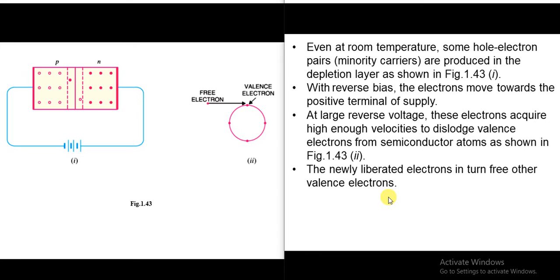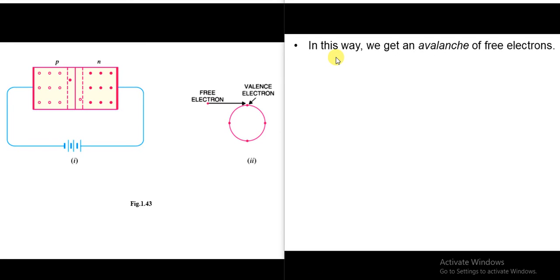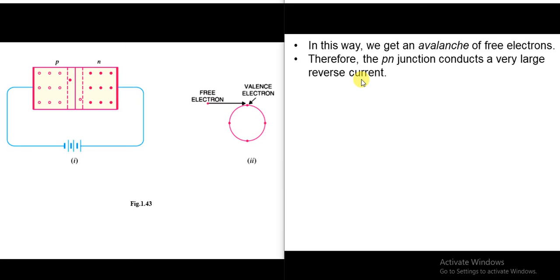The newly liberated electrons in turn free other valence electrons, and hence a large reverse current will flow. In this way, an avalanche of electrons takes place, and therefore the PN junction conducts a very large reverse current, as we have seen previously in this diagram.